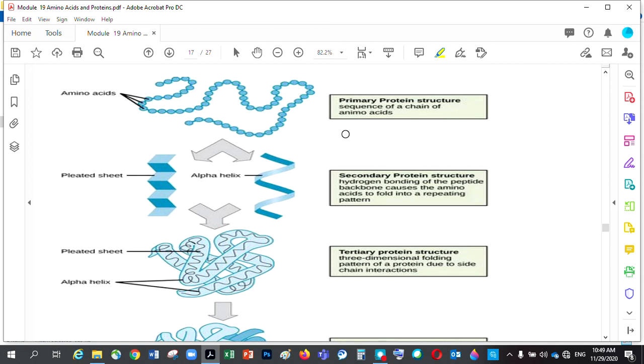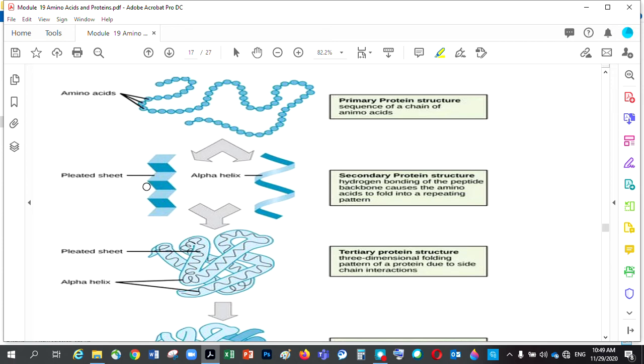Now if I take this primary chain and make some arrangement in space, like layers stacking on each other, then I speak about beta sheet, beta pleated sheet, or if it's arranged in a spiral way, called alpha helix, then this primary is now called secondary.